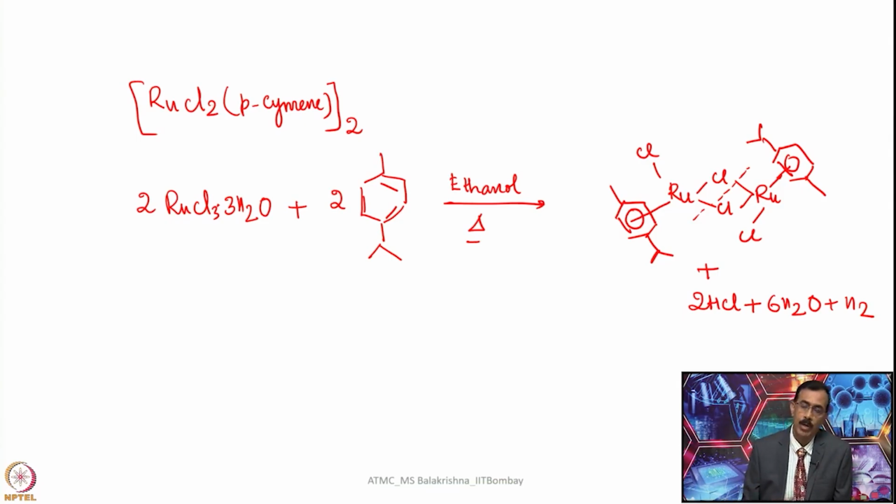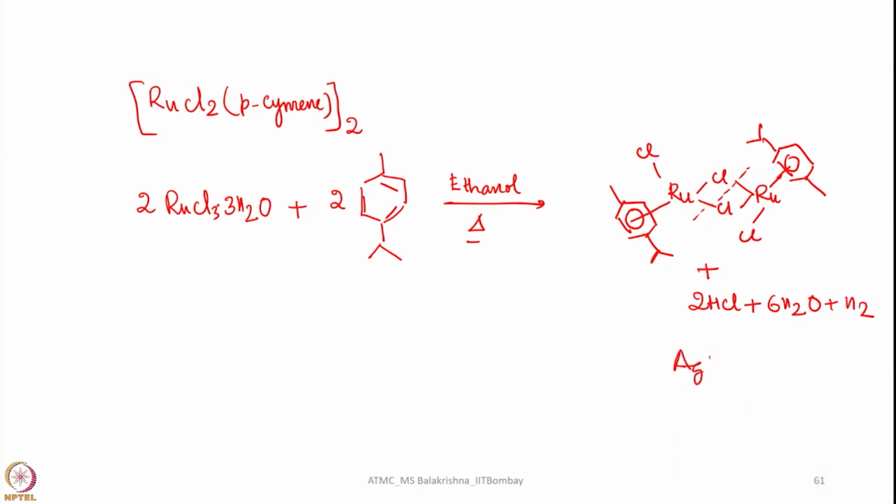And for removal of halogens from a metal, the best method is to use salts such as silver tetrafluoroborate, silver triflate, or silver acetate. Okay, silver triflate you can use, or one can also use AgPF6. So, there are plenty of such salts available having larger anions.